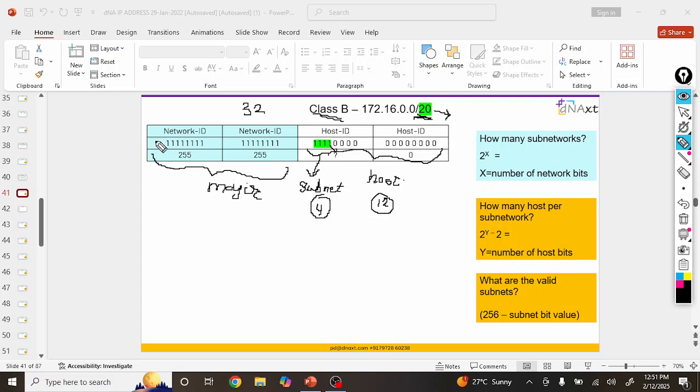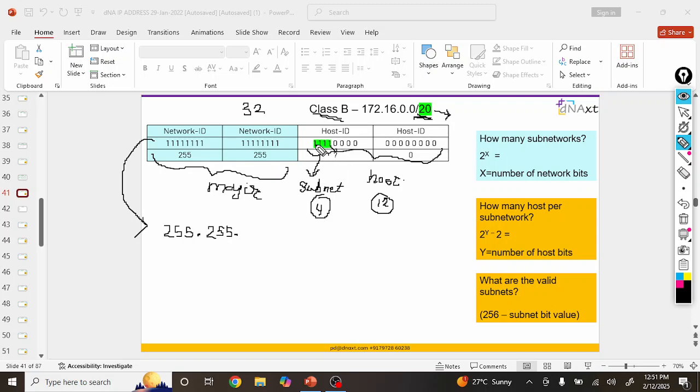Now let's convert this binary address into its subnet mask. In the first octet, all bits are on, so the decimal value will be 255. Same with the second octet, all the bits are network bits, that is 255.